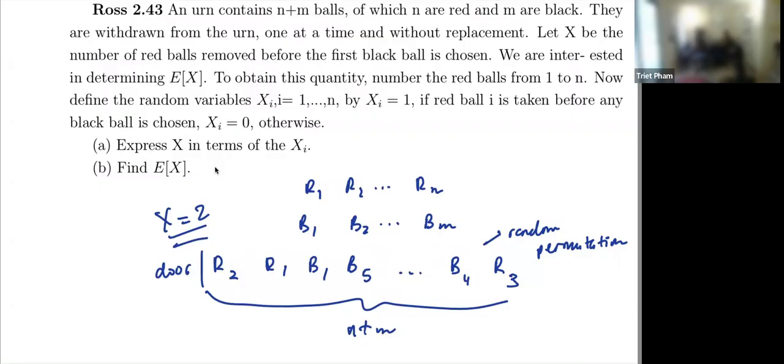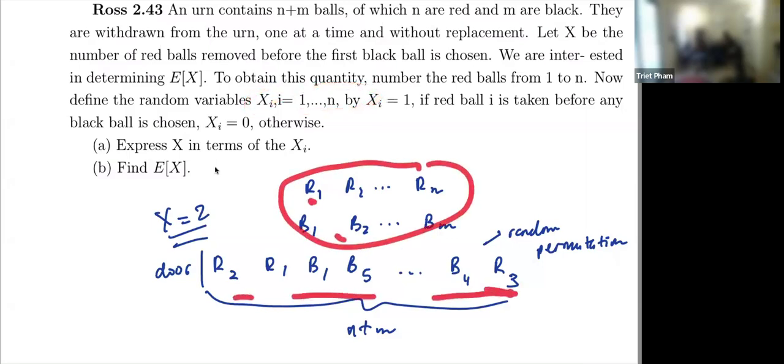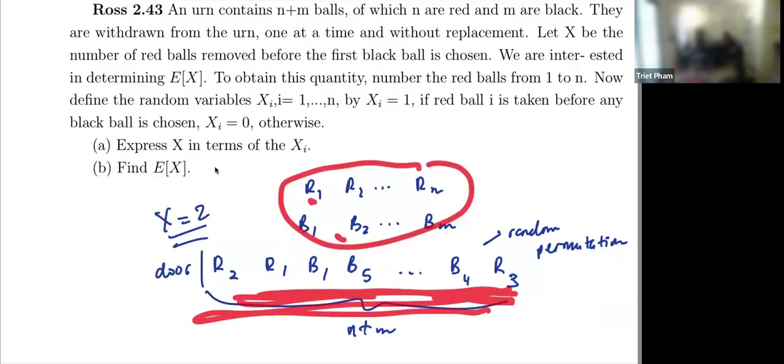Here they tell you the indicator function, but I just hopefully want you to appreciate the hint. Notice that labeling the reds and the blacks like this, this picture is not that trivial to come to.